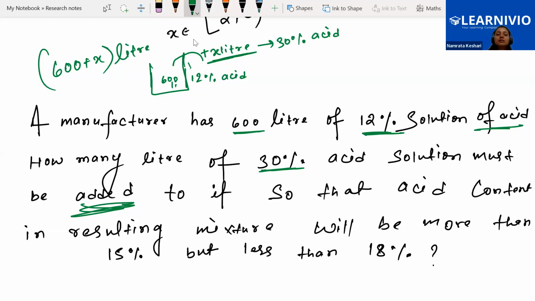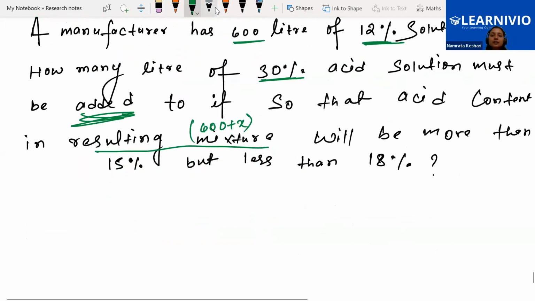So the acid content in the resulting mixture, which became 600 plus X, will be more than 15% and less than 18%. Let's try to make the inequality according to the given scenario.